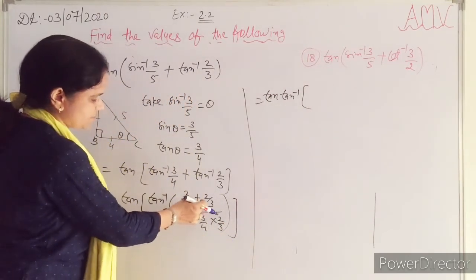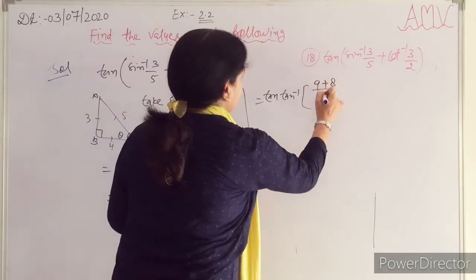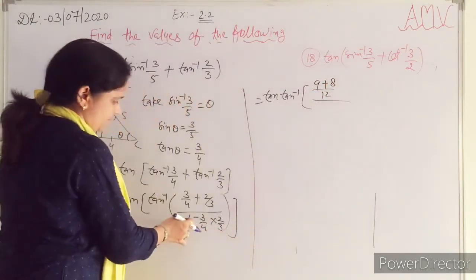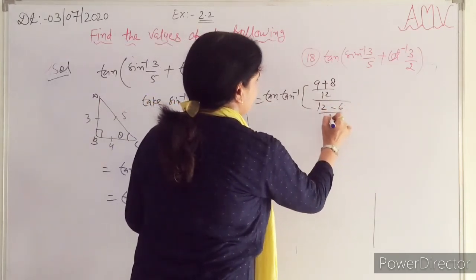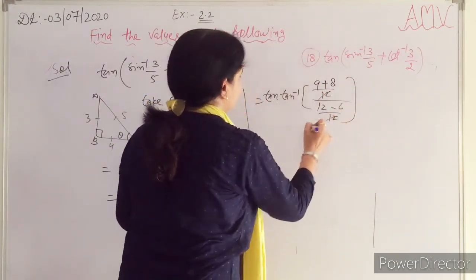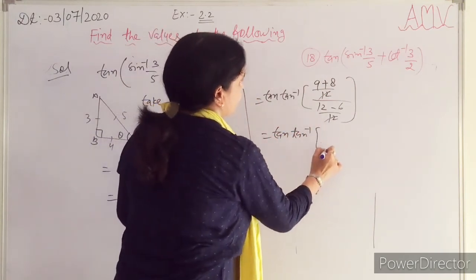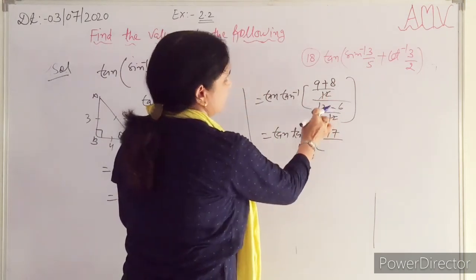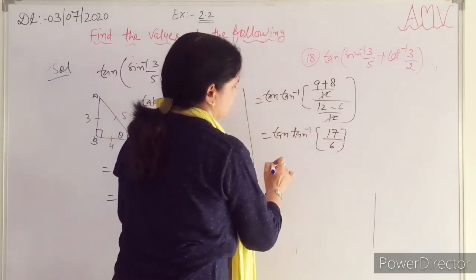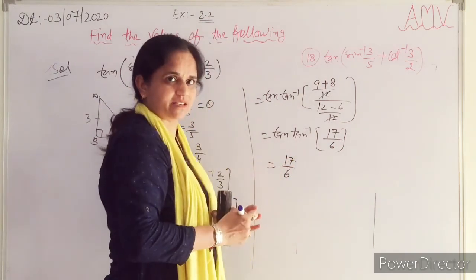Okay, take LCM, student, from here. We will get 9 plus 8 by 12, and from here it's 12 minus 6 by 12. Okay, 12 will cancel, and it's tan inverse 17 by 6. So the answer is 17 by 6.